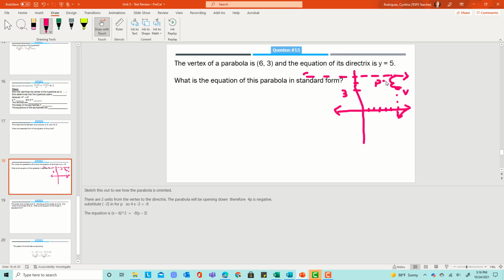So P is equal to 2. And it's going to be pointing down. I'm just kind of sketching this in. All right, and if we go down 2 more units this way, we'll find the focus.